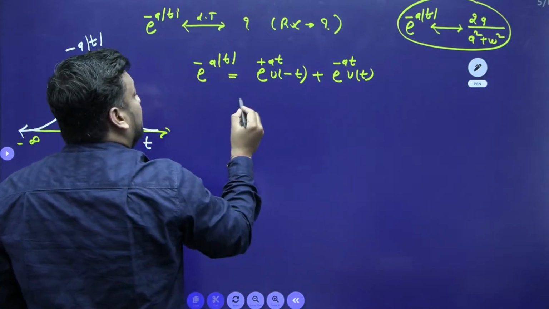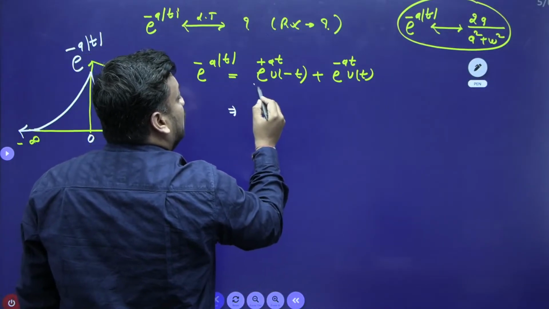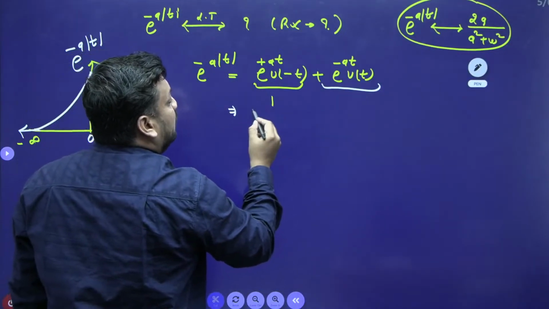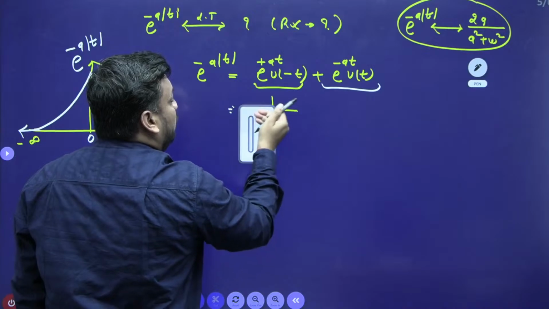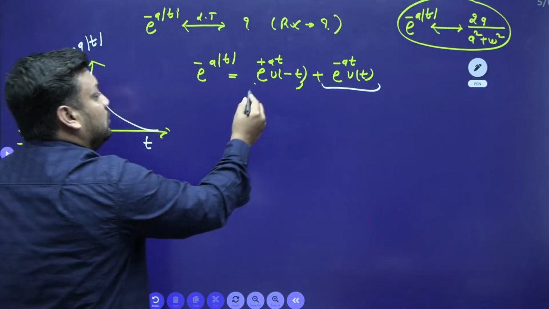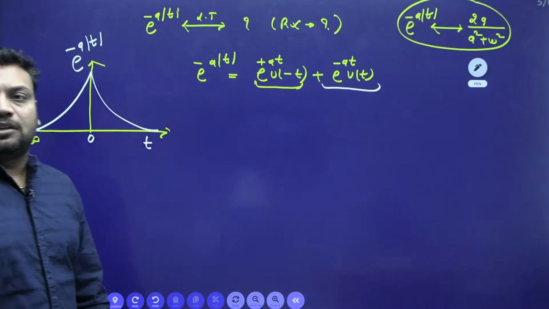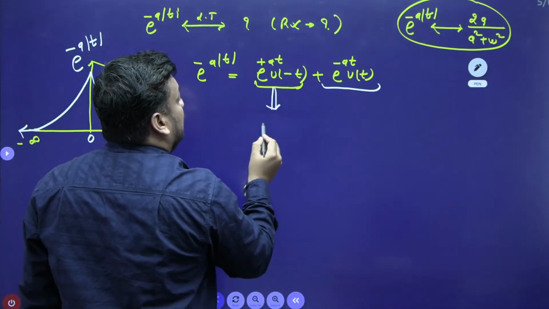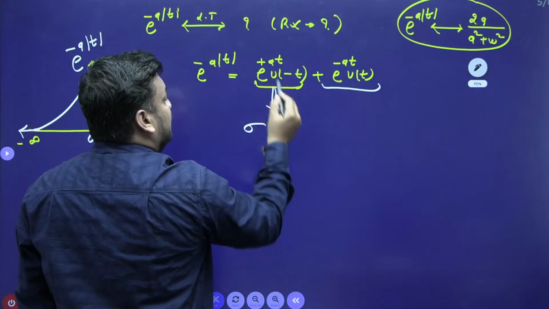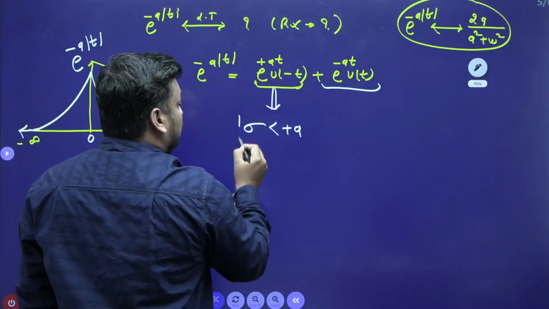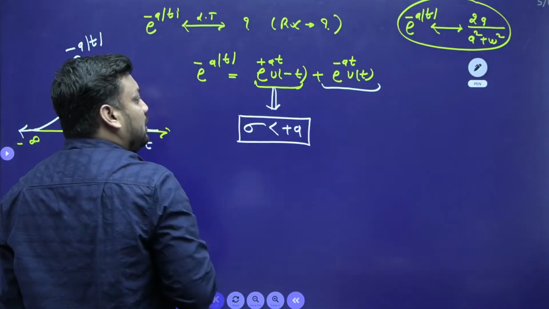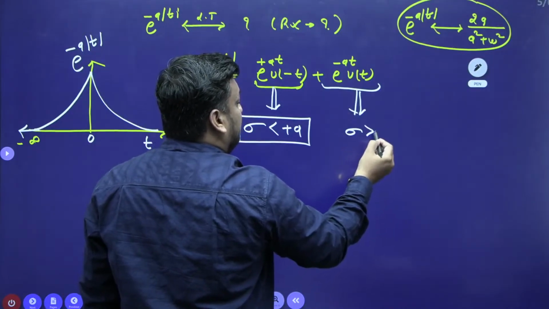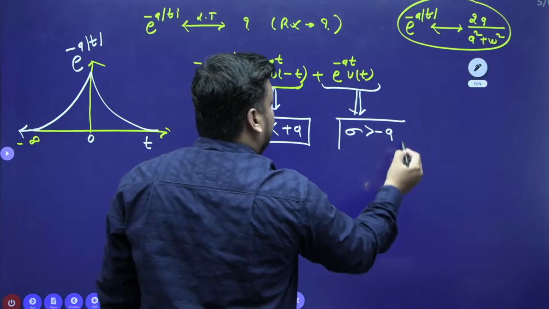Now you should tell me, beta, what is the Laplace transform of this and this? Before finding the Laplace transform of e to the power at u of minus t, you should check the ROC. If I check the ROC here, one ROC says sigma is less than plus a, and the other ROC says sigma is greater than minus a.